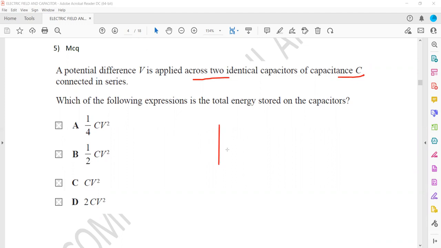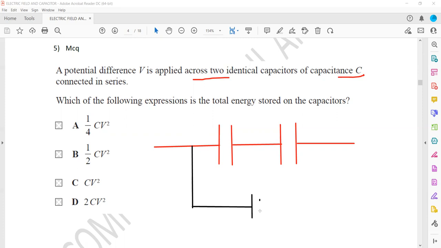So we have two identical capacitors connected, each having a capacitance of C, and we connect them to a supply of voltage V. Because they are connected in series and are identical, the total voltage will divide. Here it will be V by 2, here also V by 2.